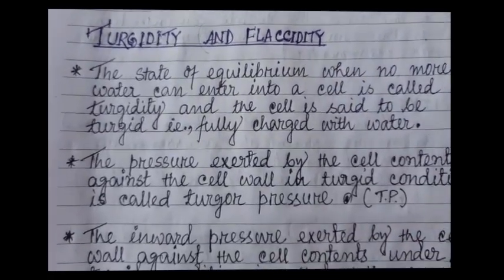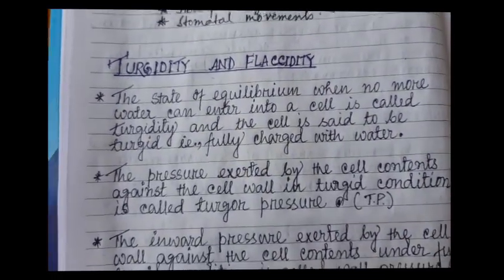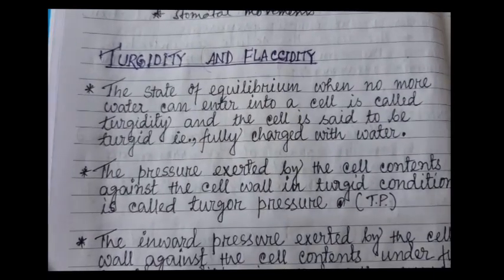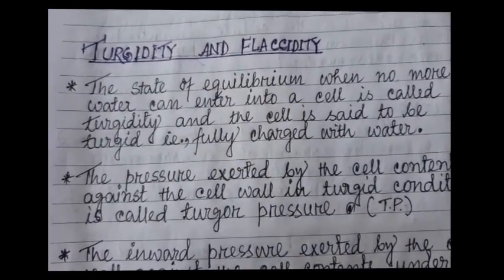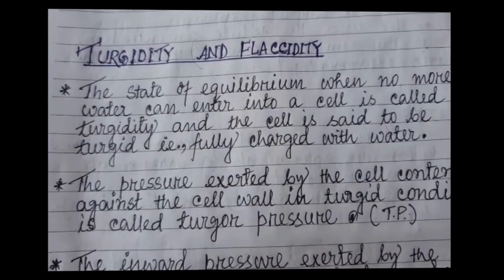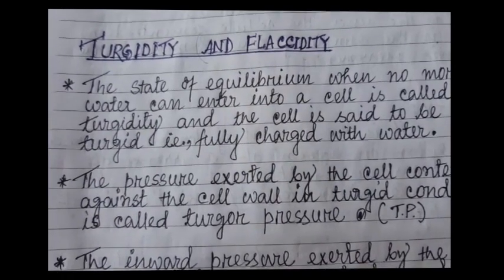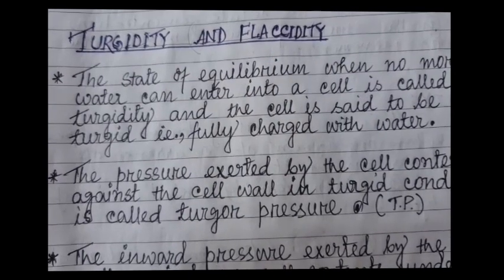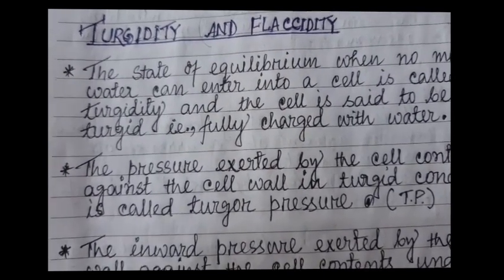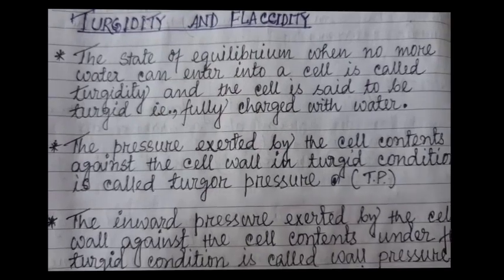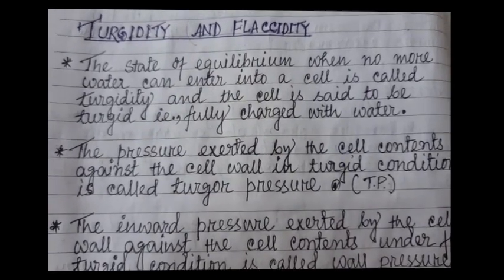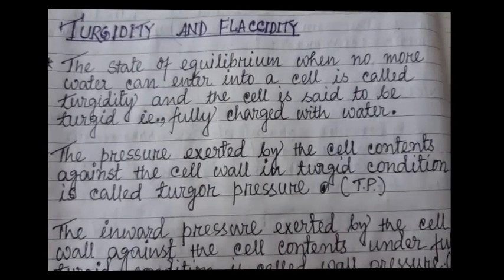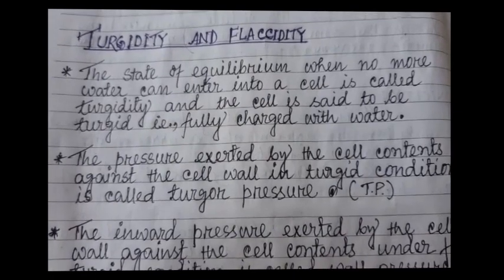Next we will read turgidity and flaccidity. The state of equilibrium when no more water can enter into a cell is called turgidity, and the cell is said to be turgid, that is, fully charged with water. The pressure exerted by the cell contents against the cell wall in the turgid condition is called the turgor pressure.